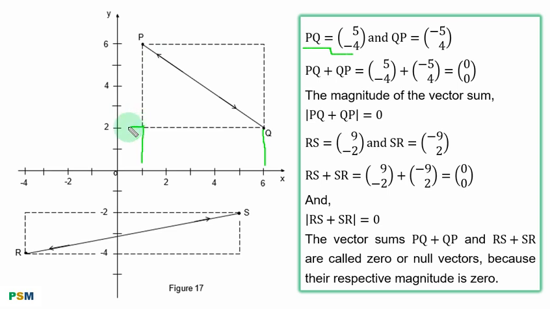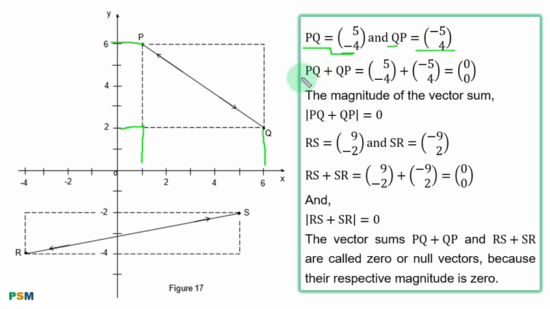From here you have 2, then here is 6. You subtract the first point and second point, so 2 minus 6, you have minus 4. And QP becomes this column vector.